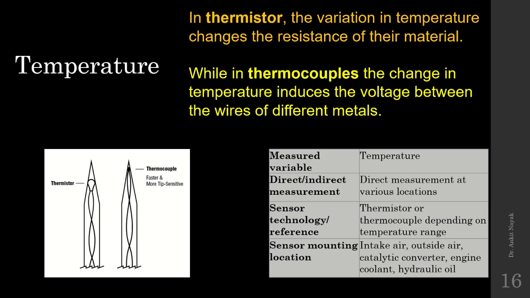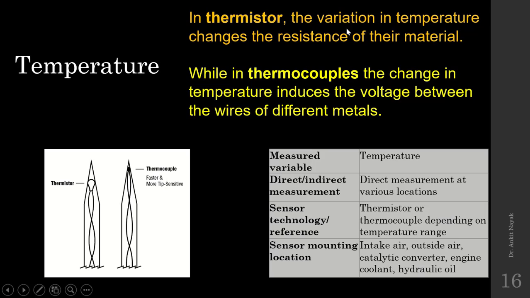We can put the sensor at that particular place. So here you can observe the thermocouple and thermistor. These are the thermocouple and thermistor which we can use to measure the temperature.